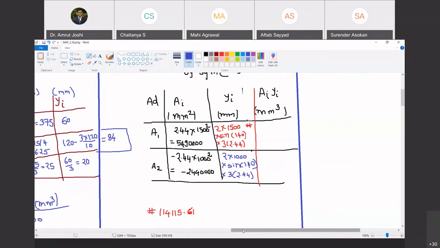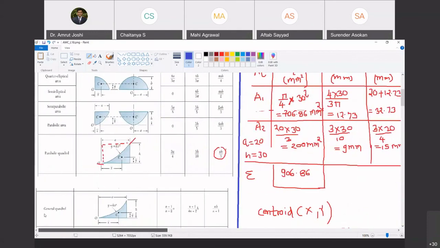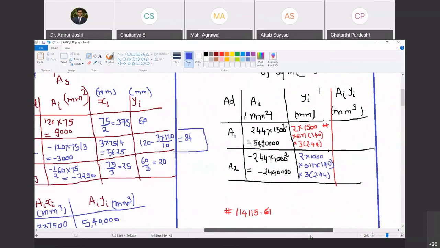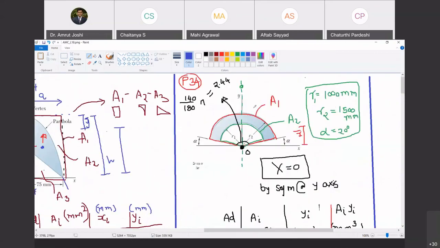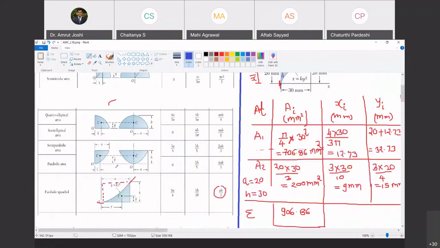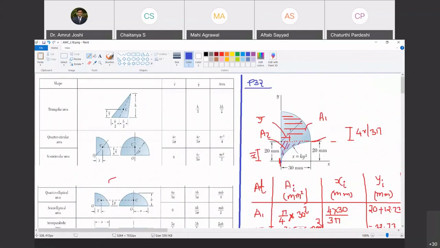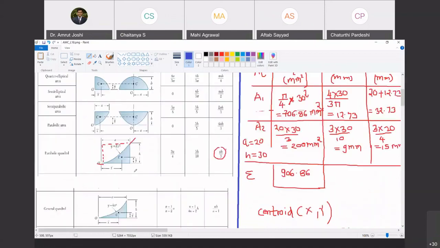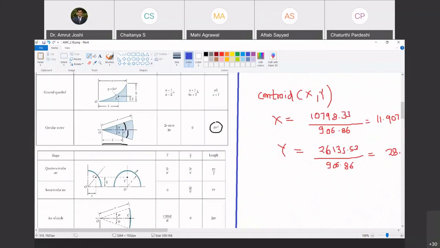There is something else. So it's 14115. But still it is 14,000, right? How can it lie outside the sector? Just let me check the formula. कुछ तो गड़बड़ किया हमने.